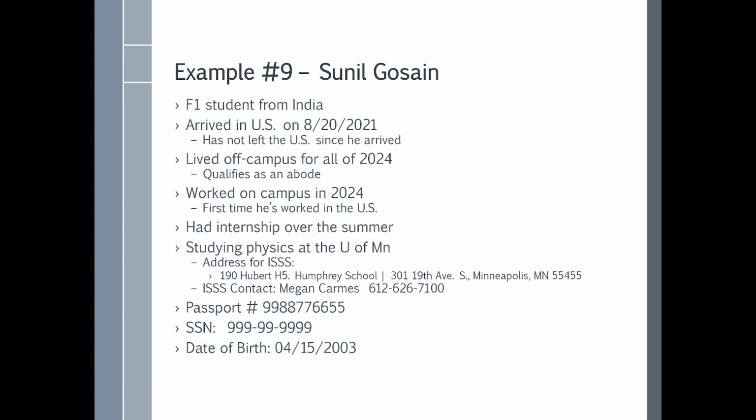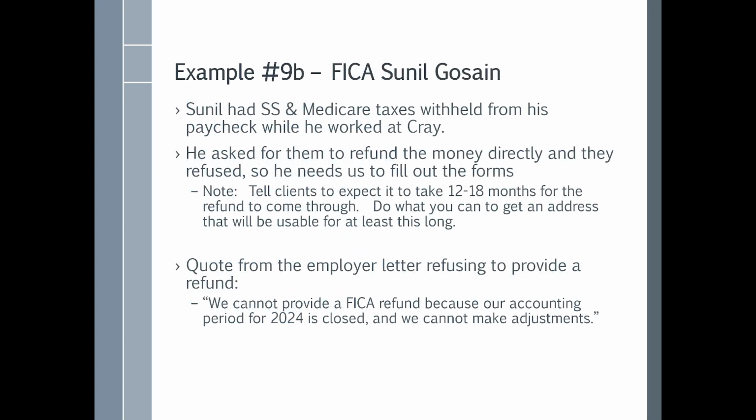So let us do an example now, right? You hopefully remember Sunil. We saw a lot of him during the training for the tax returns. And we're going to do it again. So let's pretend that he had Social Security and Medicare taxes taken out from his paycheck while he worked at Cray. He asked them for the money back and they said no. Again, tell them 12 to 18 months.